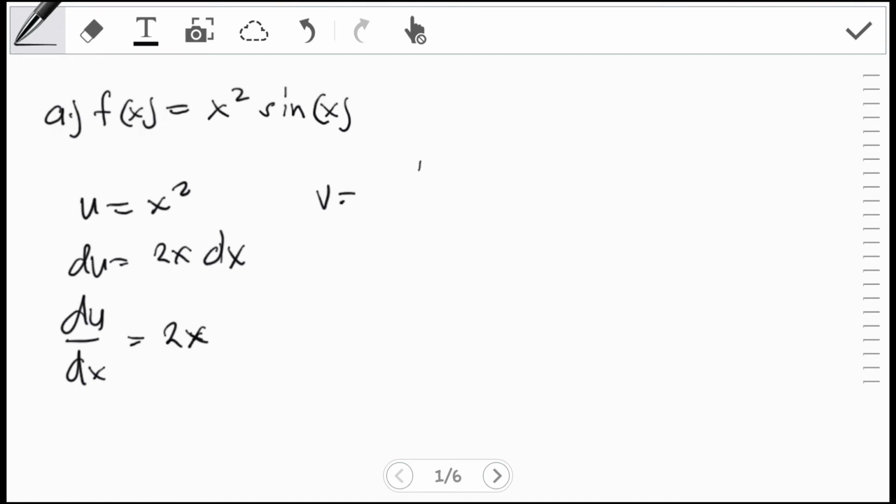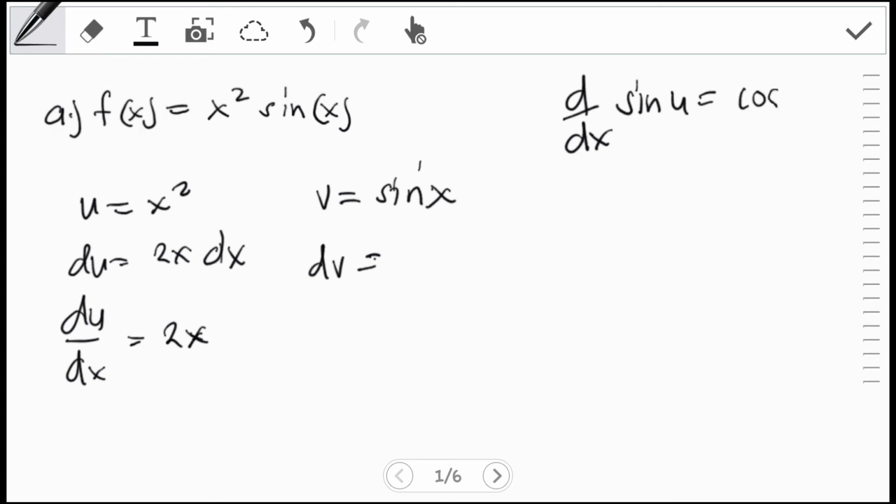Let v be sine x. By applying this formula, d over dx of sine u equals cosine u du over dx, the derivative of sine x is cosine x. So dv over dx is equivalent to cosine x.